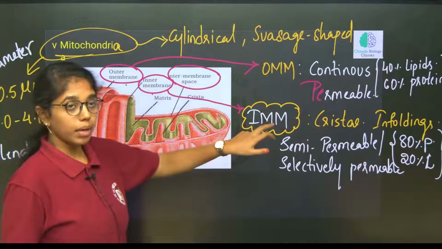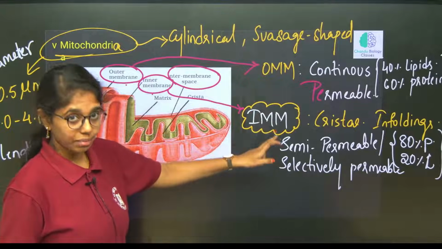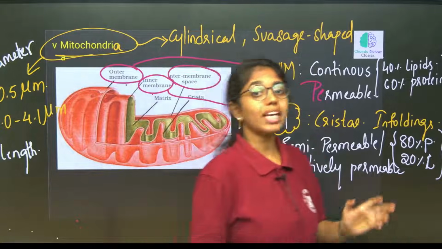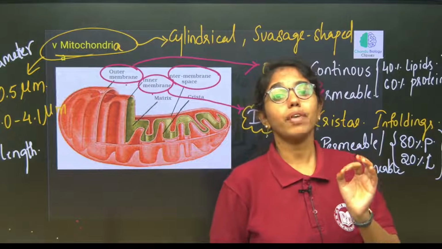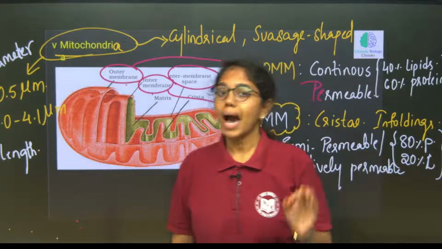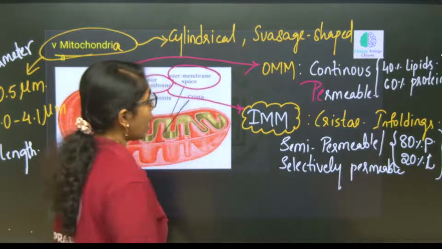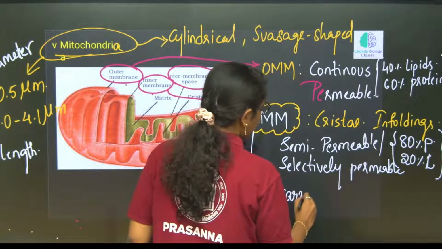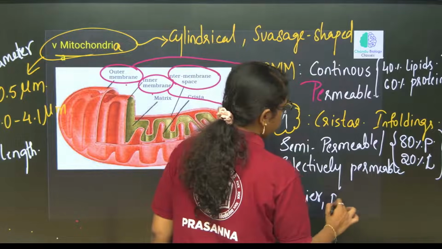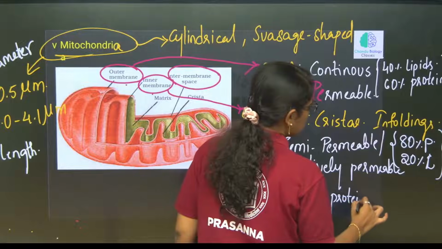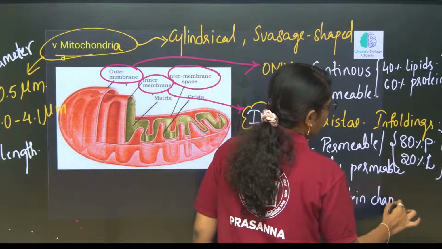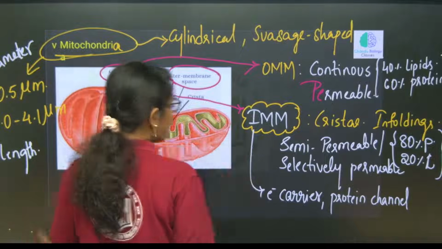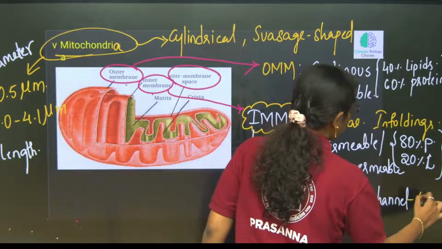And in the inner mitochondrial membrane, that is cristae, all the electron carriers and protein channels required for the electron transport system, ETS, are embedded inside the inner mitochondrial membrane.